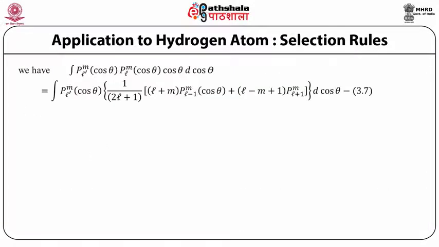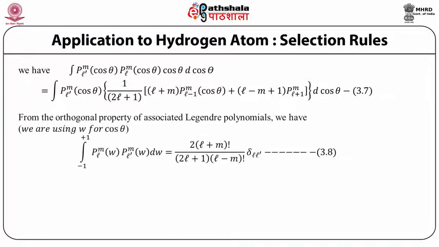We have the integral over P_l'^m and P_l^m cos θ d cos θ becomes the integral of P_l'^m(cos θ) times 1 over (2l+1) of (l+m) P_{l-1}^m and (l-m+1) P_{l+1}^m d cos θ.